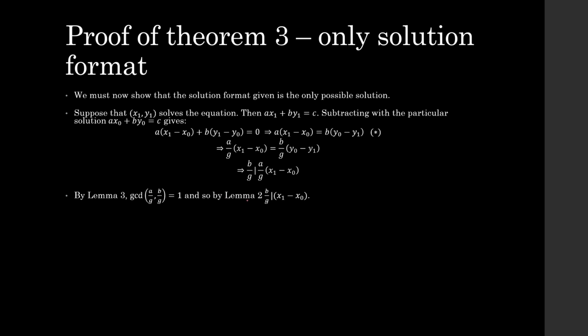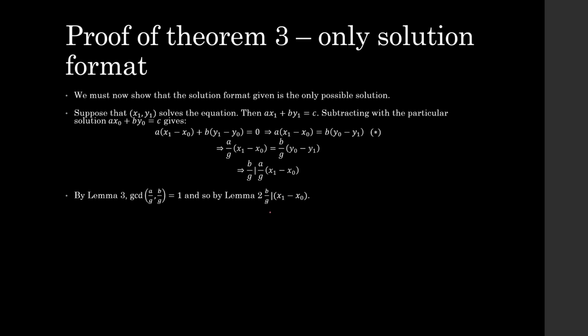And so by lemma 2, which allowed us to reduce relations of division where we had some product on the other side, we've got that b over g divides x1 minus x0, because we know that a over g and b over g are coprime, and lemma 2 told us that when this was true, then b over g had to divide the other part of the product. In this case, that's x1 minus x0.